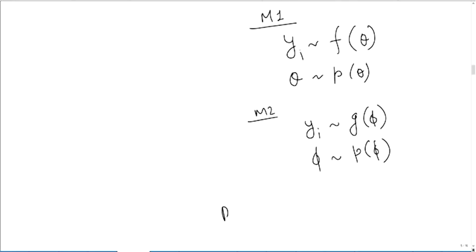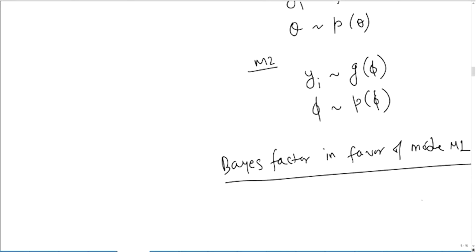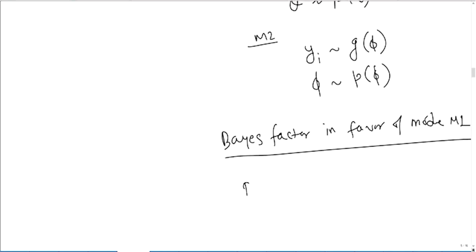Now, the Bayes factor in favor of model M1 would look like this. You can write it as BF12. So, the Bayes factor in favor of model 1 would be marginal likelihood of model M1 divided by marginal likelihood of model M2.